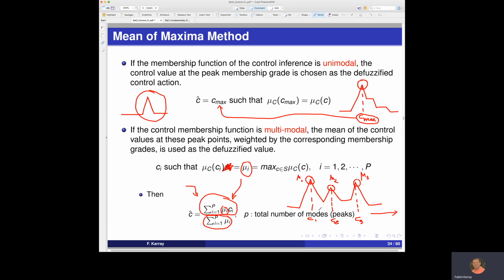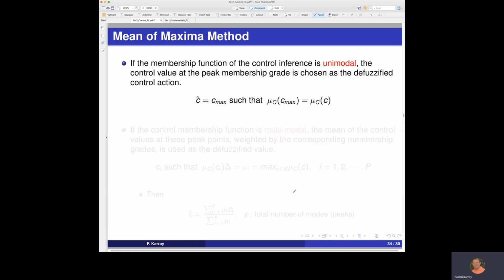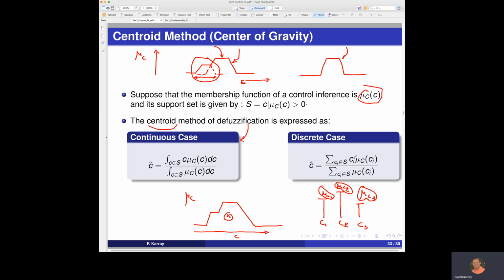So this is what we are trying to do. And as you can see, this representation for this continuous case is similar in shape to the one we discussed in the earlier slides, where we have Ci times mu Ci divided by the sum of the values of mu Ci for the discrete case of the centroid method.